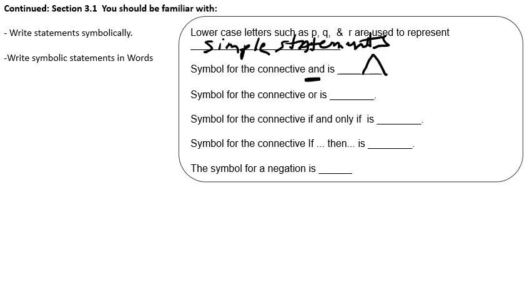The symbol for the connective or is given by this symbol. And the symbol for the connective if and only if is the double arrow. And the symbol for the connective if-then is a one directional arrow. And then the symbol for negation is the tilde. Well, you need to make sure you know this. And, or, if and only if, if-then, and negation. Lowercase letters only represent simple statements. They do not represent a compound statement.